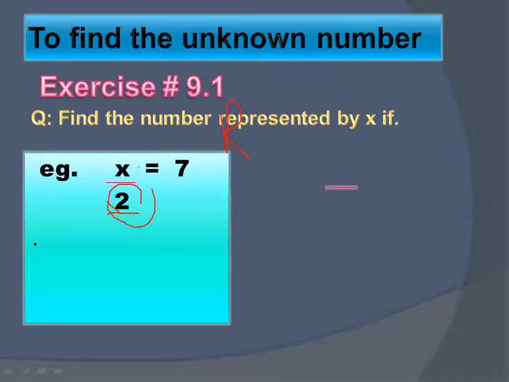Let's check it out. Keep your x on the left side, then write equals to, then write 7. Now here you have 2. Here it is dividing with the variable, so on the right side it will be multiplied by 2.